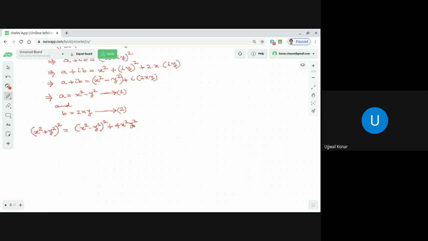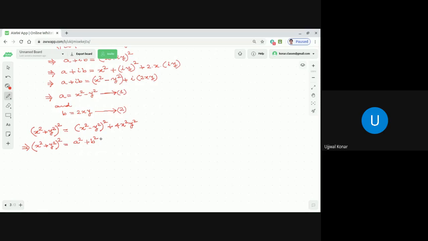Now what is x square minus y square? That is equal to a. So x square minus y square whole square is equal to a square. And what is 4x square y square? That is equal to 2xy whole square, and 2xy is equal to b, so it is b square. So x square plus y square whole square is equal to a square plus b square.